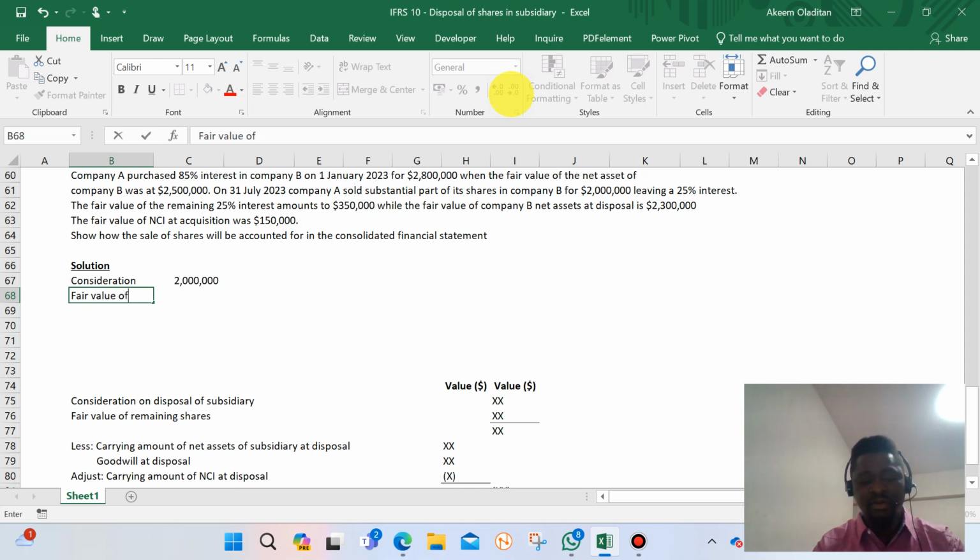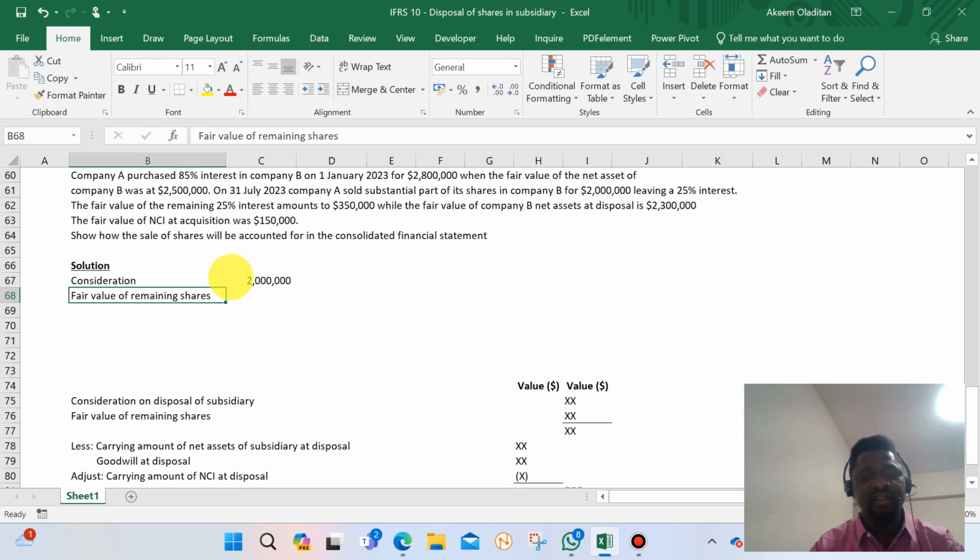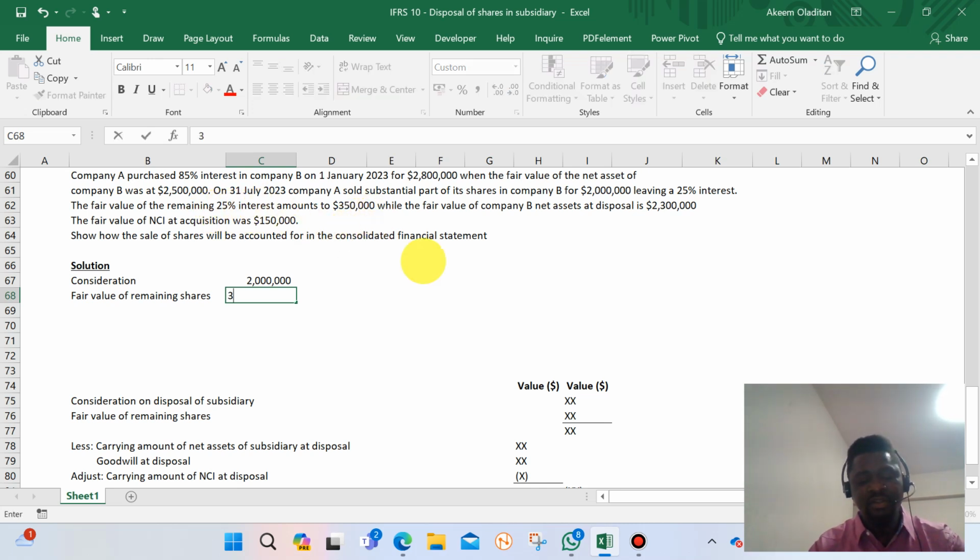The next thing is fair value of remaining shares. In this question, what is the fair value of remaining shares? It was also given: the fair value of the remaining 25% interest amounts to $350,000. So we have gotten those two.